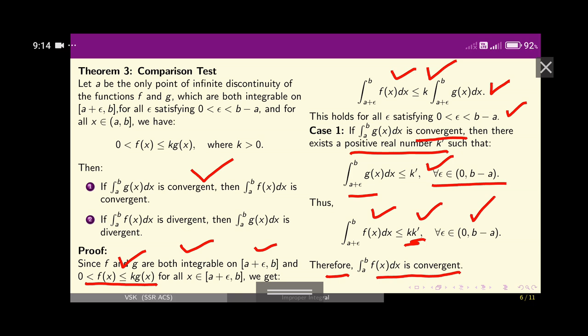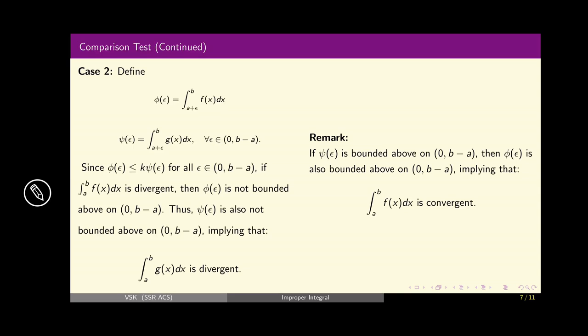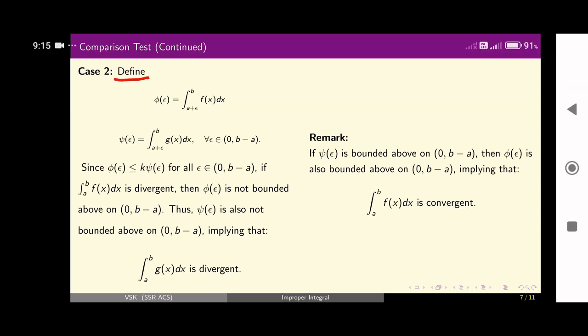Now let us see the second part, case number 2. We define φ(ε) by the integral from a+ε to b of f(x) dx and ψ(ε) by the integral from a+ε to b of g(x) dx, for all ε lying in this interval. Then φ(ε) is less than or equal to k times ψ(ε). Why is this so?